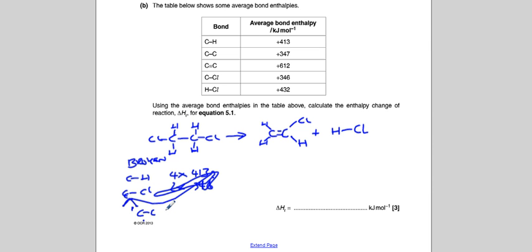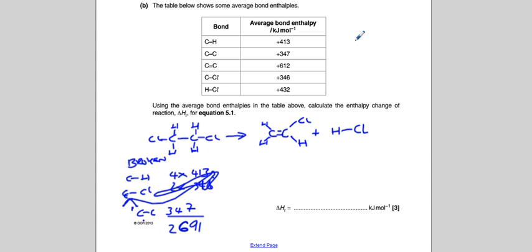And in this case, that's 347. Now, if you can still make head or tail of that, that's 4 times 413, 2 times 346, and 347. Adding all that up together, I make it 2691.